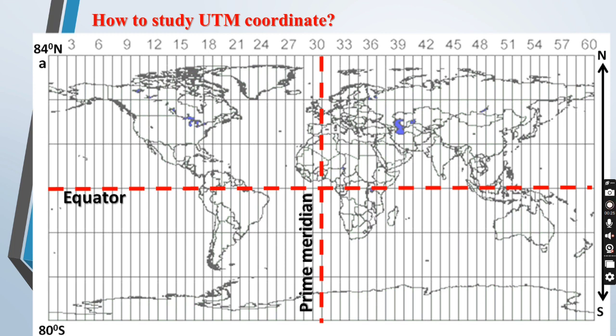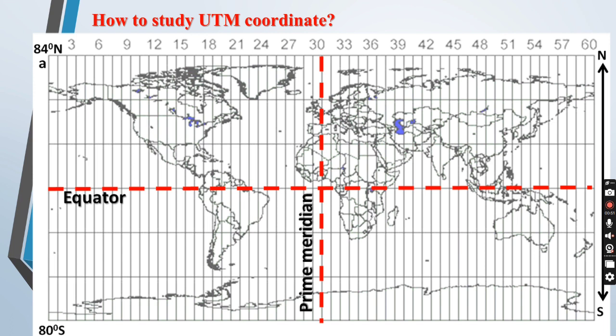However, in this system the earth is divided into 60 zones, with each zone covering 6 degrees of longitude. So 6 times 60 pieces will cover the entire earth, 360 degrees. Each longitude division comprises 20 latitude bands.